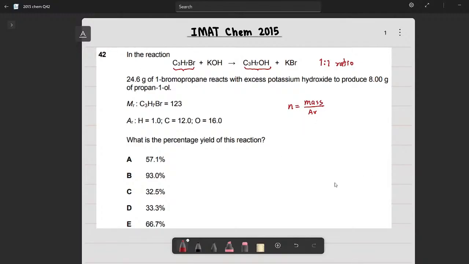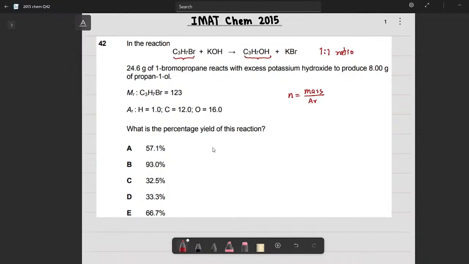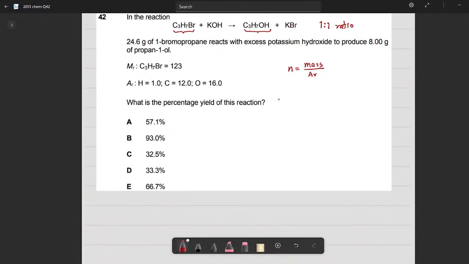And the formula for percentage yield is: percentage yield is equal to the actual yield divided by the theoretical yield, times 100.